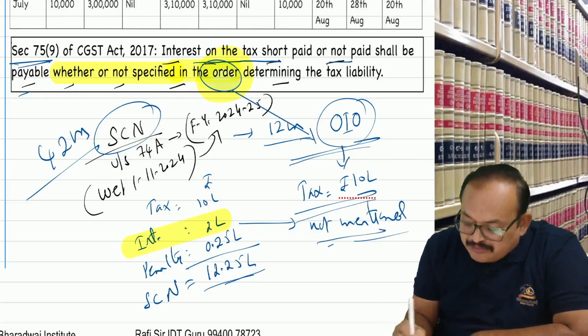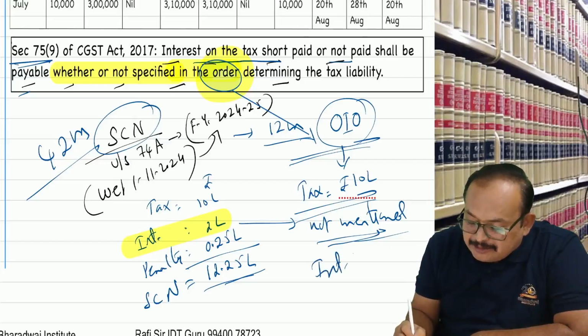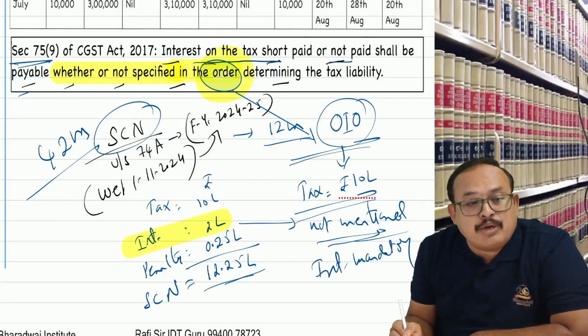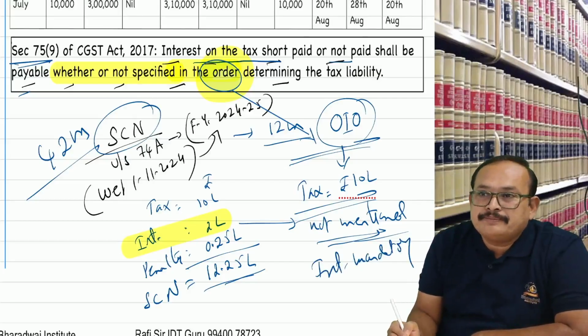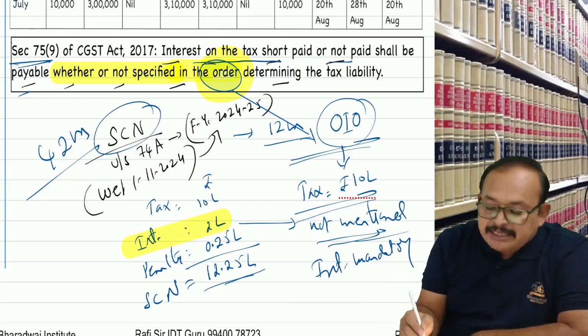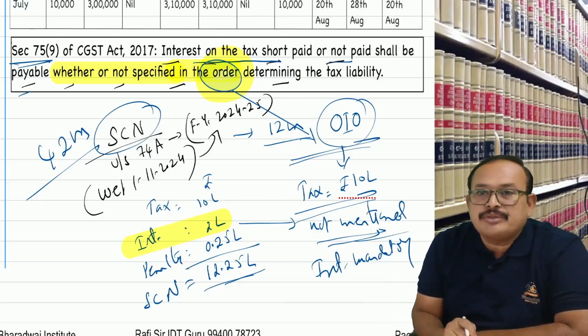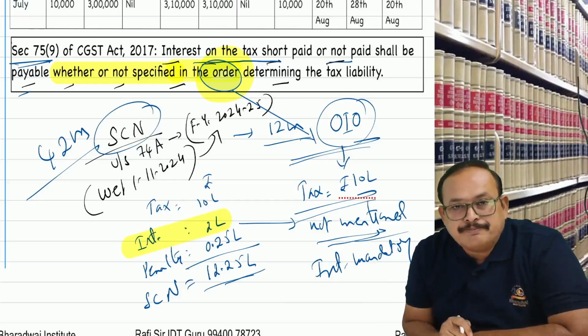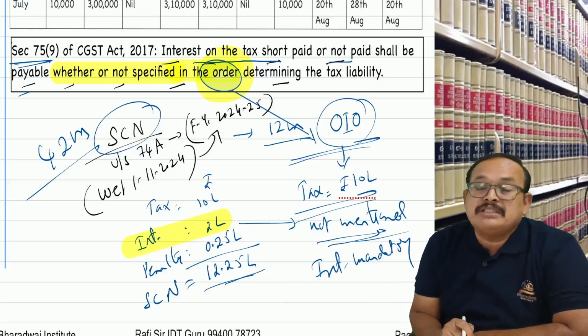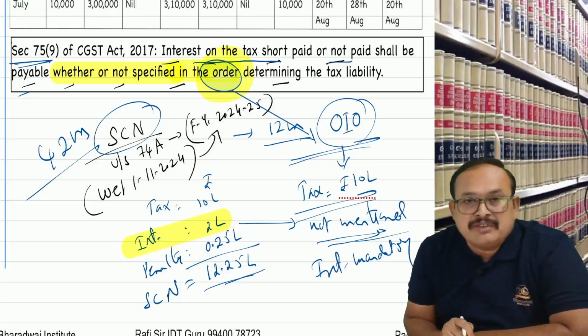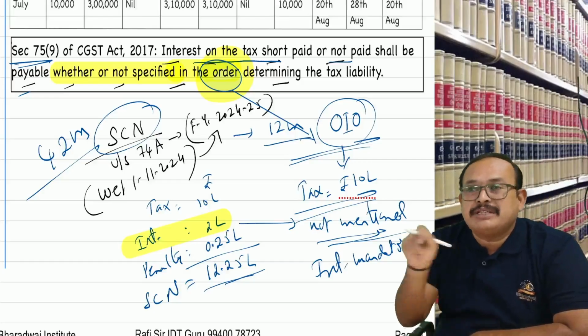Even though not specified, interest is mandatory to pay. Such interest is of two types. One is 18% interest per annum, the other is 24% interest per annum. 18% interest will come for all cases other than input tax credit.